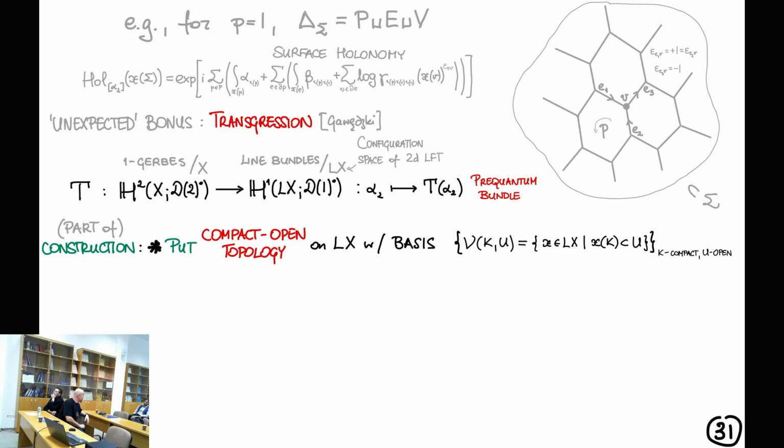X comes with a metric. So we have a compact open topology on the mapping space S1 into X, whose basis consists of those loops, which for a given compact in S1 and for a given open in X, put the compact in the open. That's the basis of this compact open.